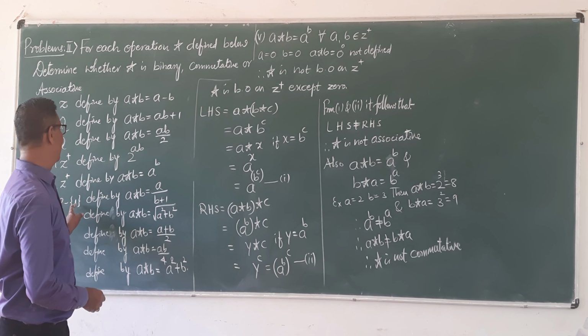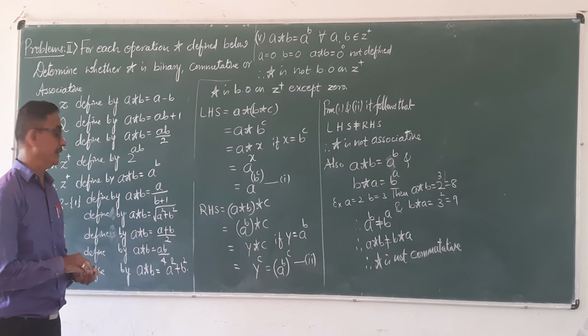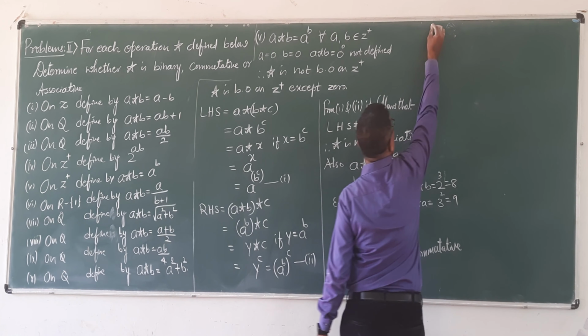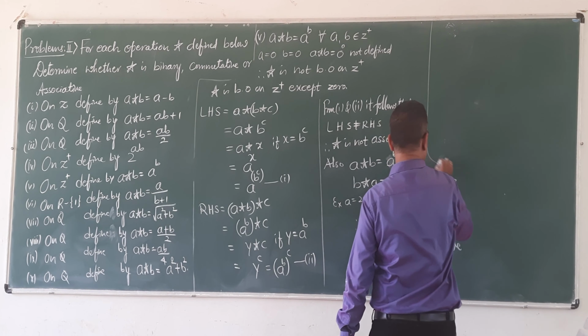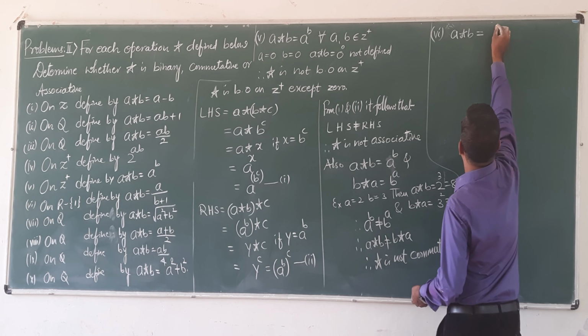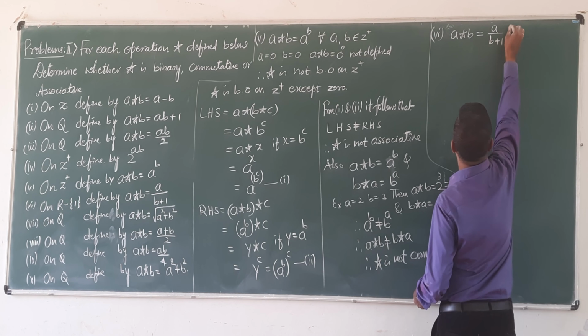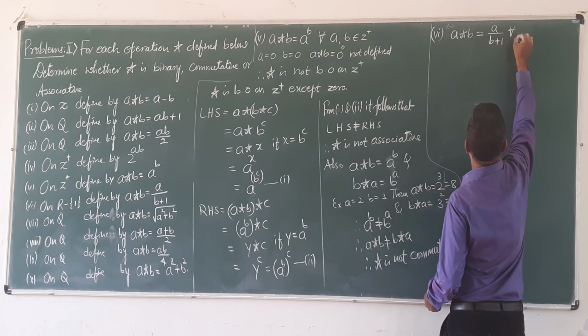Okay. Similarly, next problem, problem number 6. On the set of rational numbers Q, sorry, on the set of real numbers except 1, don't take 1, defined by a star b is equal to a divided by b plus 1, for all a, b belonging to the set of real numbers except 1.